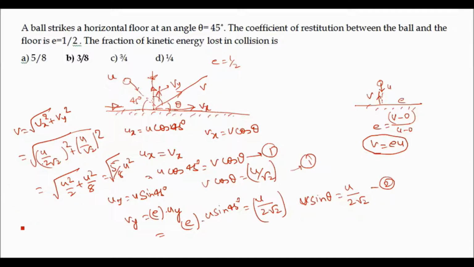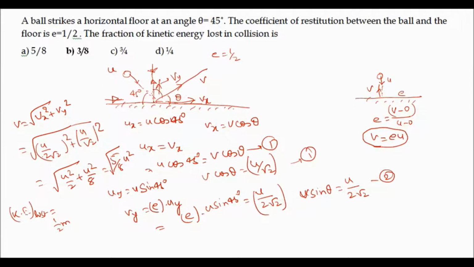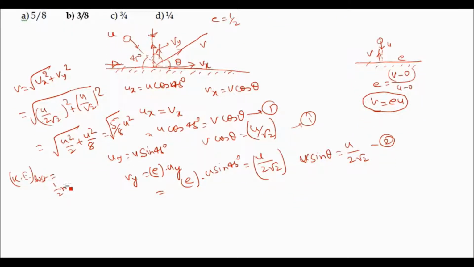And the fraction of kinetic energy lost. So the fraction of kinetic energy lost is equal to half m u square minus half m v square, divided by half m u square.